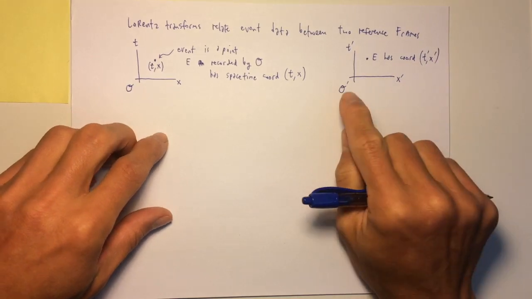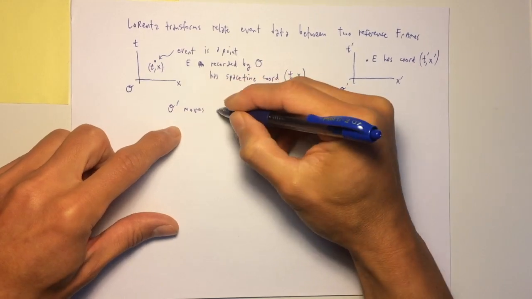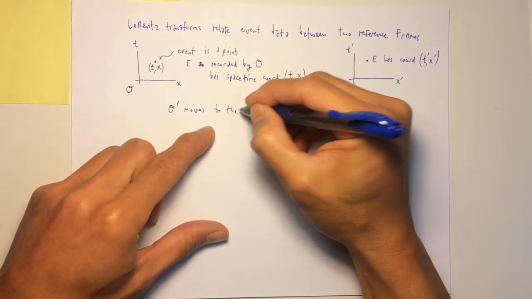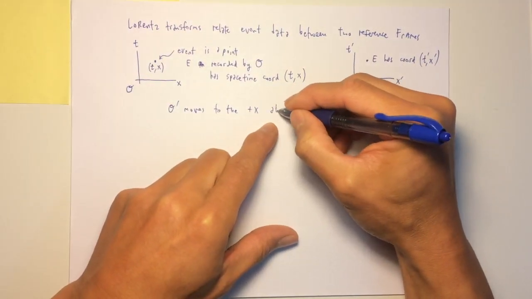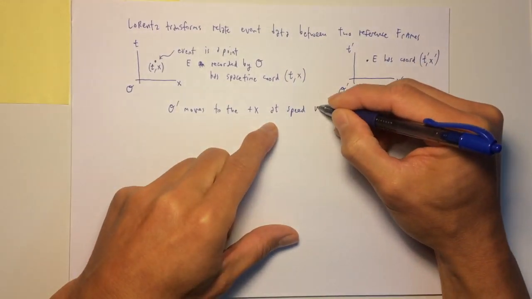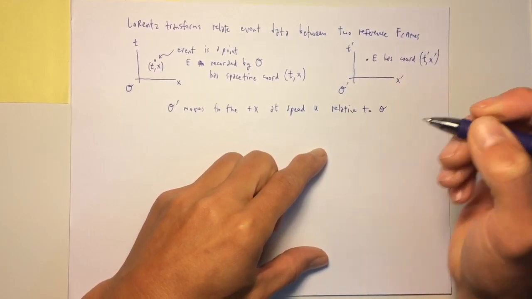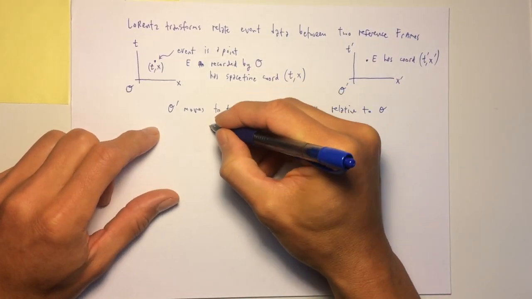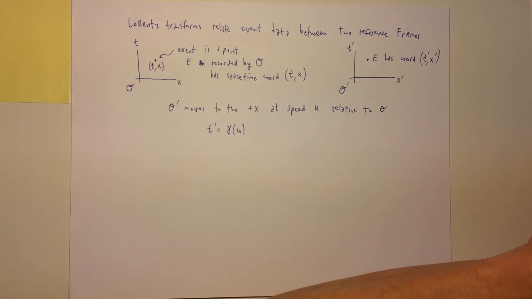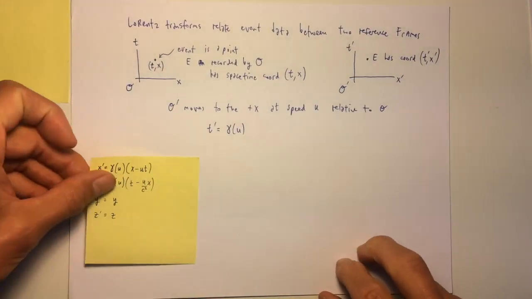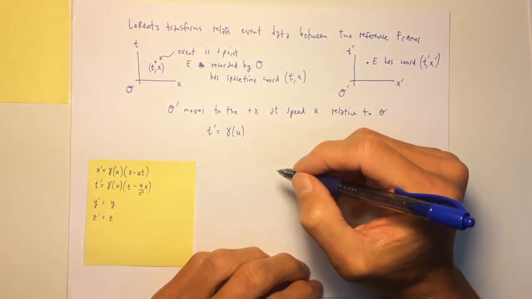And if O prime and O have relative motion u, so O prime moves to the positive x at speed u relative to O, then immediately you can write down that t prime is equal to gamma of u, and I'm basically copying from my post-it note that you may have seen in the videos before.